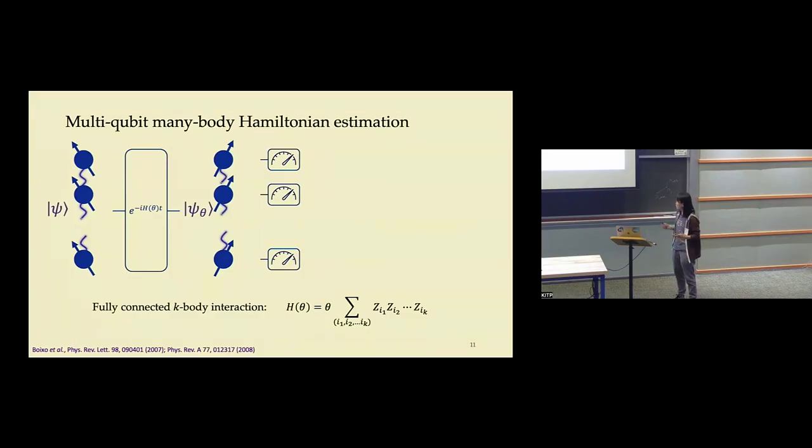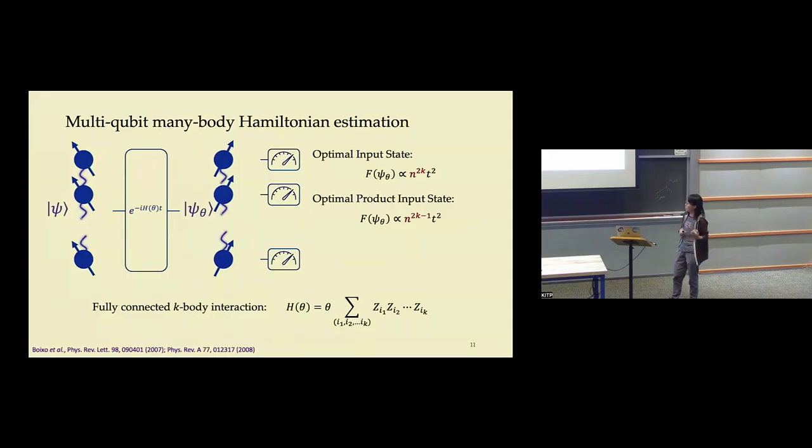So in this case, the Hamiltonian is theta times the summation of all weight-k tensor products of Pauli-Z. And you can find out that in this situation, the optimal scaling would be n to the power of 2k if you are allowed to have an arbitrary input state. And even if you can only have product input states, the optimal scaling would be n to the power of 2k minus 1. In both cases, we say we achieve super-Heisenberg scaling. It's basically some kind of scaling that is better than n squared.